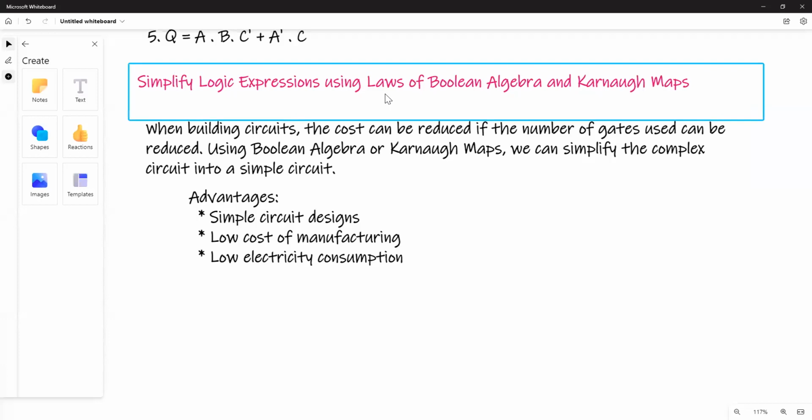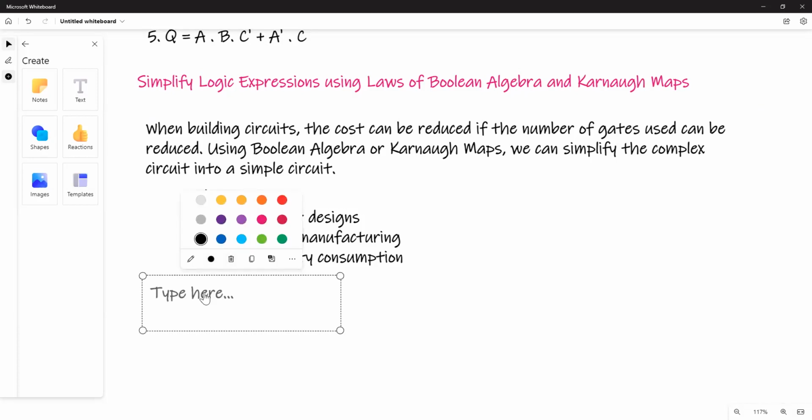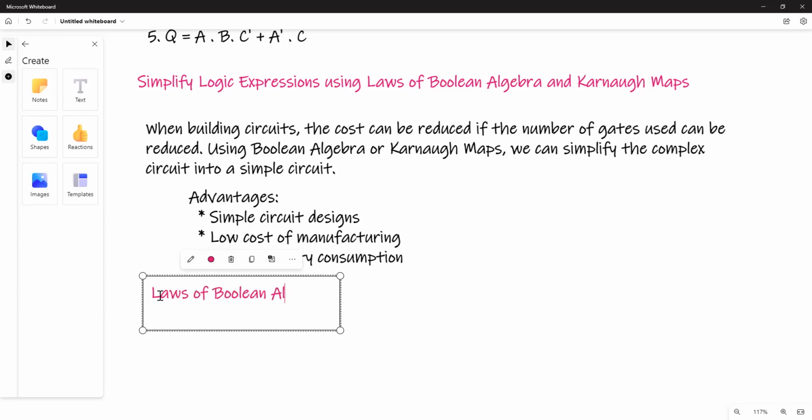First of all, let's look at the laws of Boolean algebra. So I'm going to start the first part. We'll introduce first how we can simplify the circuits using the laws of Boolean algebra.